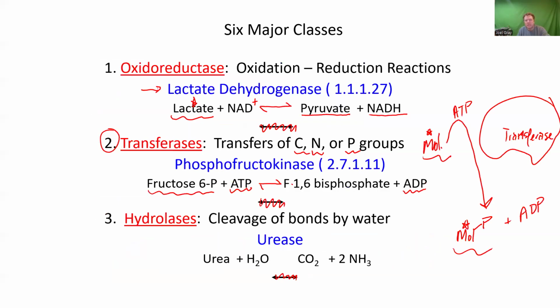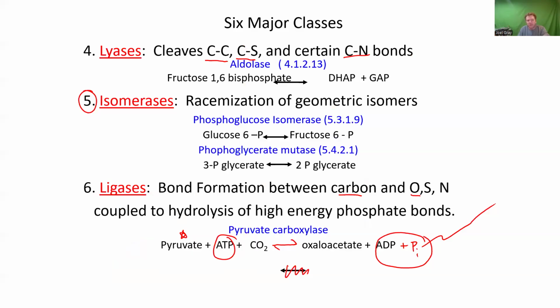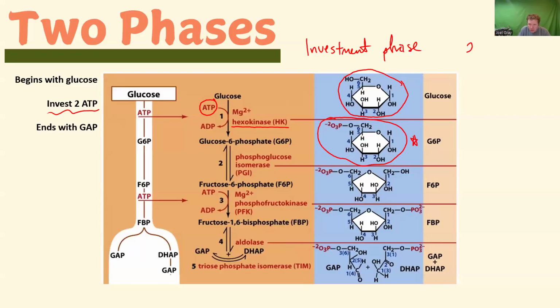So now what I want you to do is think about these classes. We've got one oxidoreductase, two transferase, three hydrolase, four lyase, five isomerase, or six ligase. We talked about the transferases, which I'm going to say two for our transferases and six for our ligases.